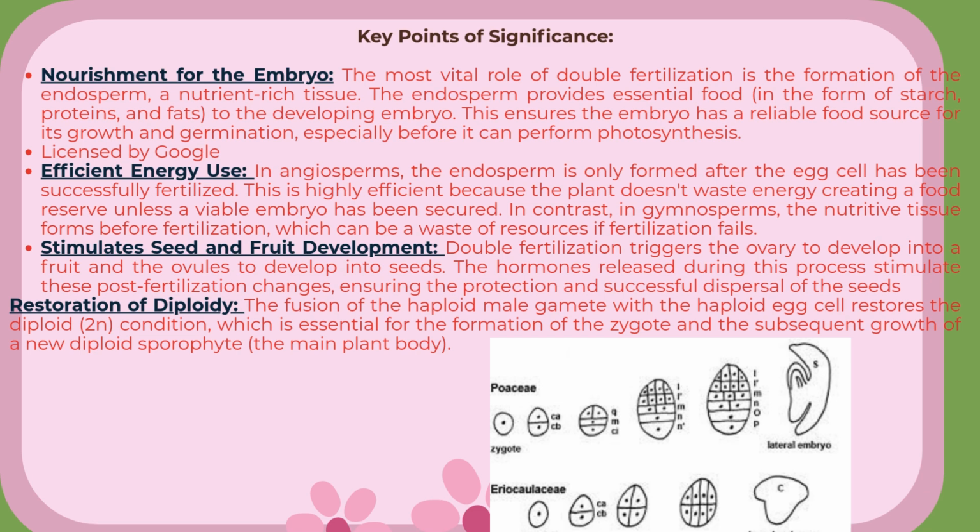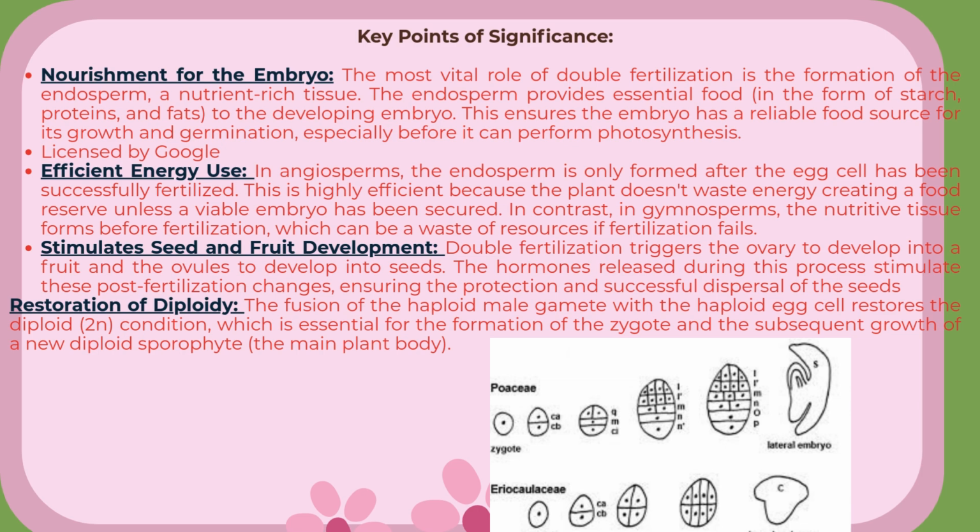Now, the next one is the efficient energy use. In angiosperms, the endosperm is only formed after the egg cell has been successfully fertilized.